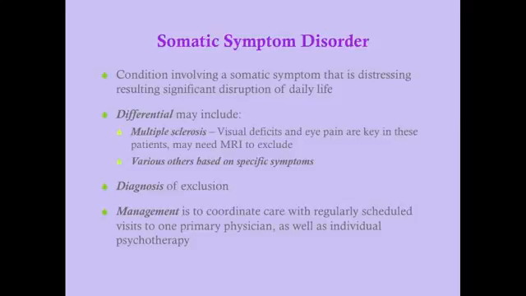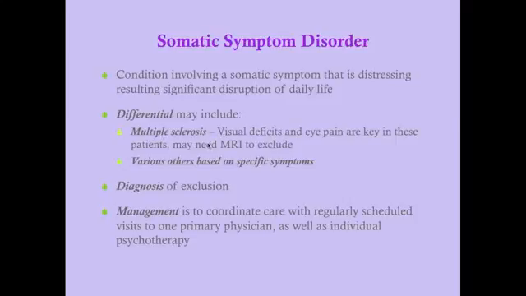The differential for somatic symptom disorder, what you need to consider really is anything based on the specific symptom. So I can't list everything here because it depends on if the patient is complaining about bellyache, or if they're complaining that they think they're going blind, or if they're complaining that their foot hurts, etc. So really anything based on the specific symptoms. Other things to think of are multiple sclerosis.